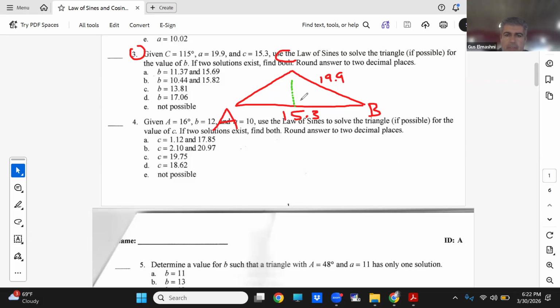Actually, I don't know why I even did that. Okay, so if I set it up, it's gonna look like this, right?